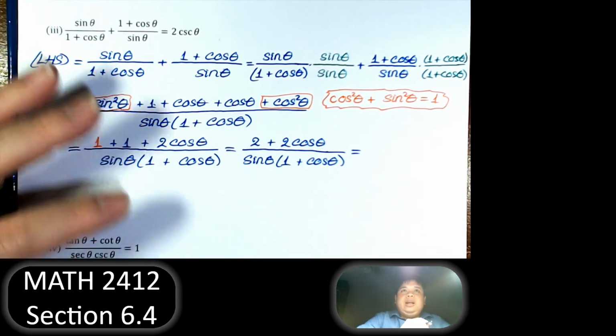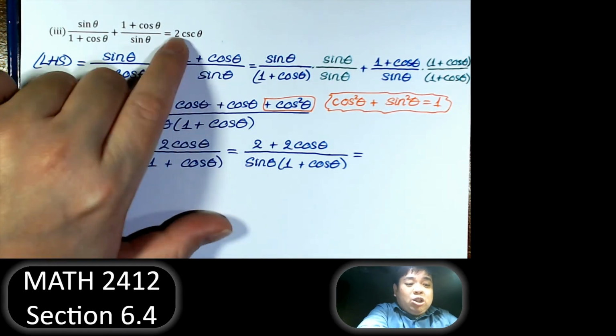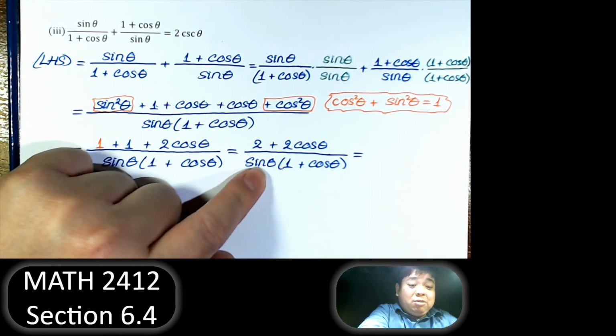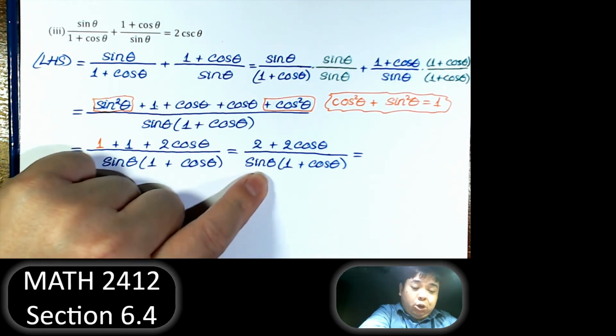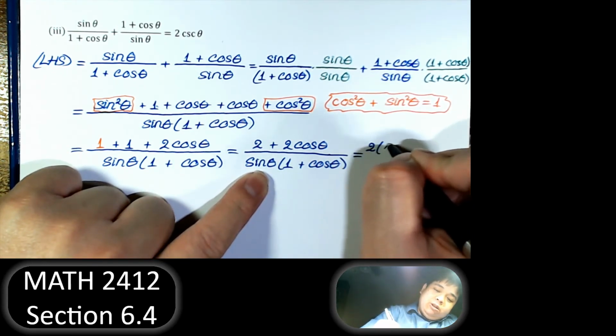Now it should be clear from here. Of course, cosecant is 1 over sine. We do have sine at the bottom, which is good too. Now both of them have a 2, so I will factor out the 2.